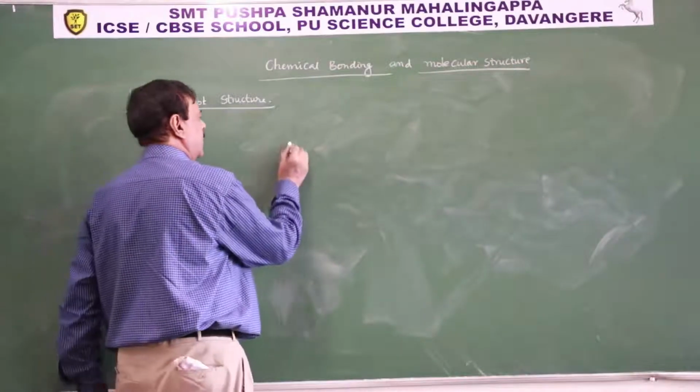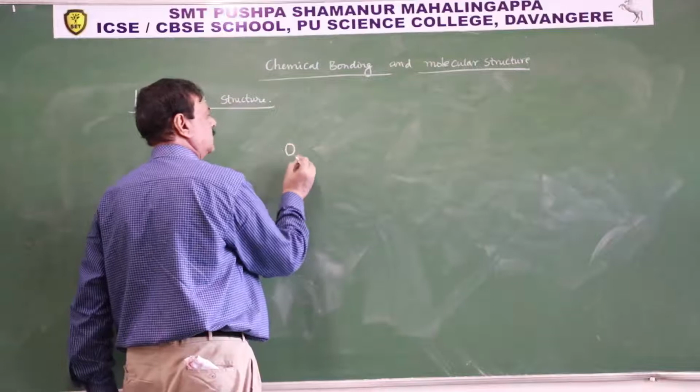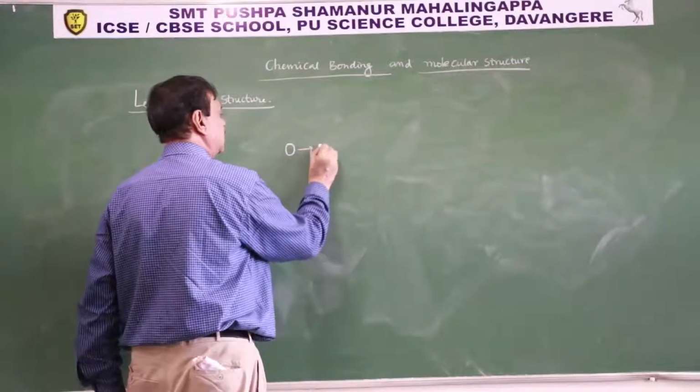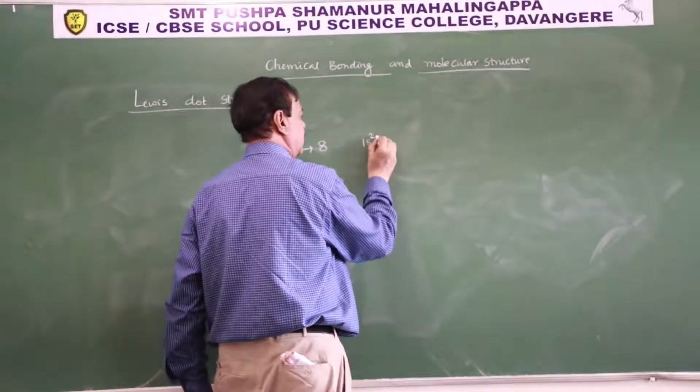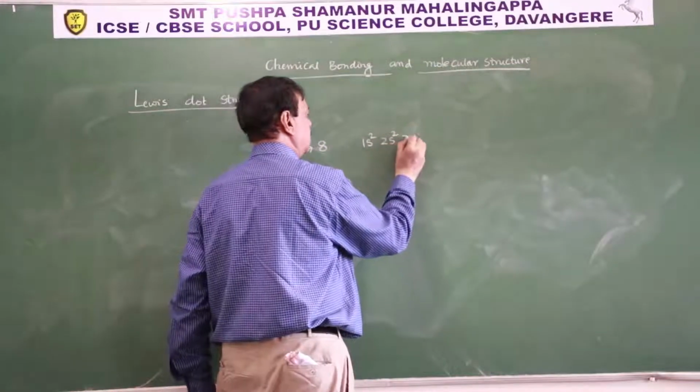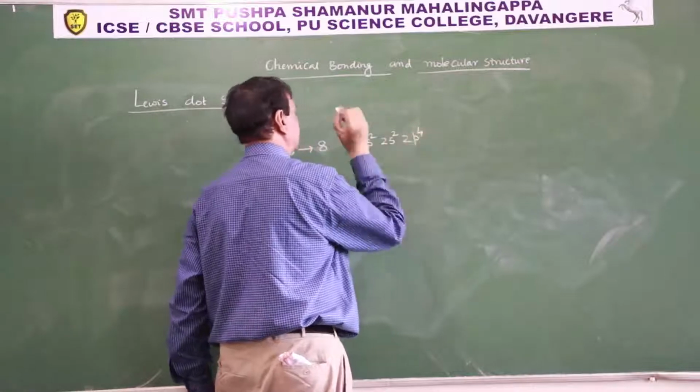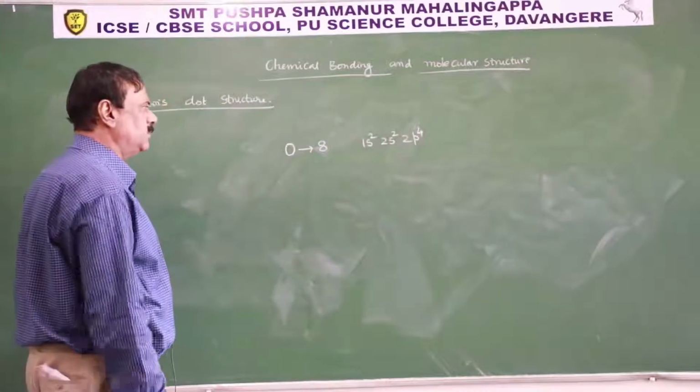Suppose oxygen: when you write the electronic configuration, atomic number 8, its electronic configuration is 1s2, 2s2, 2p4.